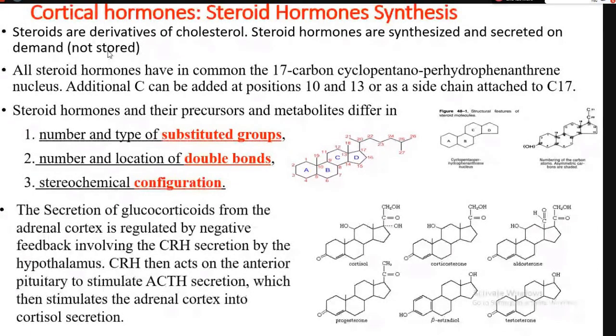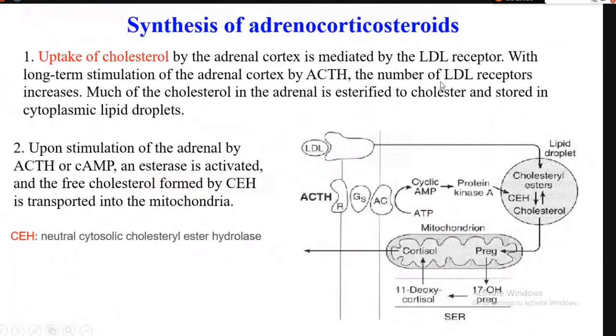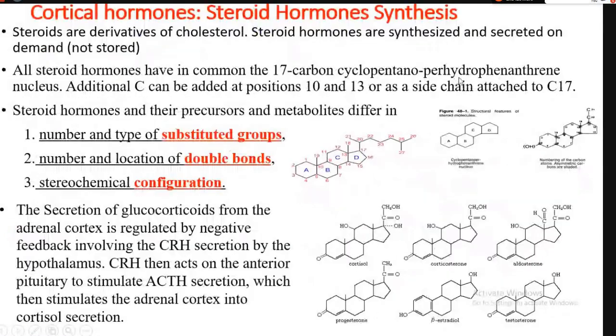And all steroid hormones have in common the 17 carbon cyclopentano perhydrophenanthrene ring, that is a steroid nucleus. That's why they are called steroid hormones. Okay? An additional carbon can be added to position 10, 13 or a side chain attached to 17. So you can see an additional carbon atom somewhere, aldehyde group here, in the mineralocorticoid.